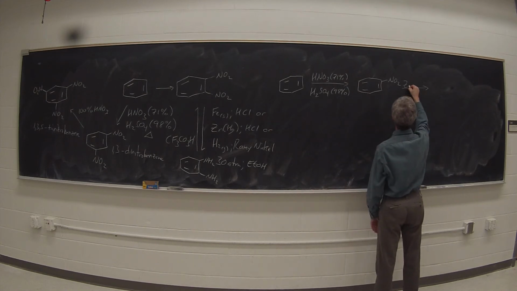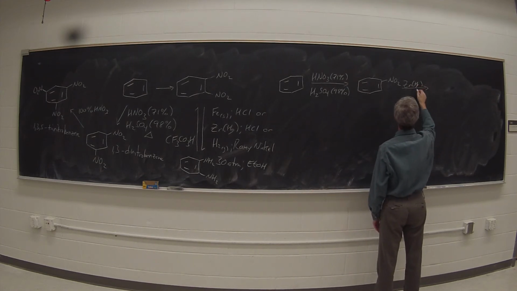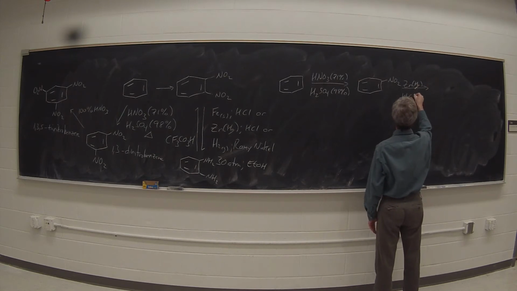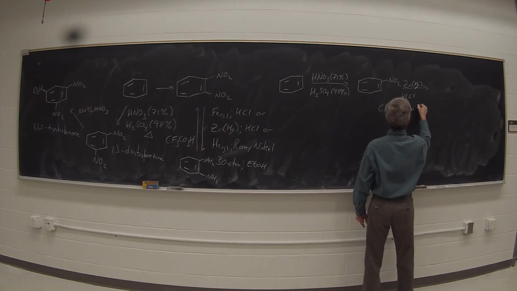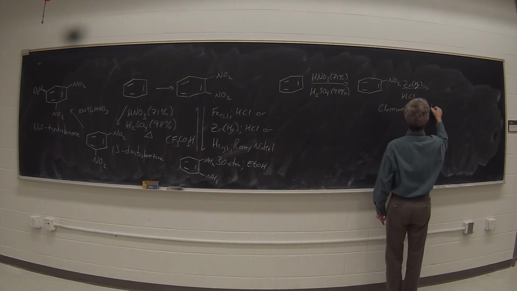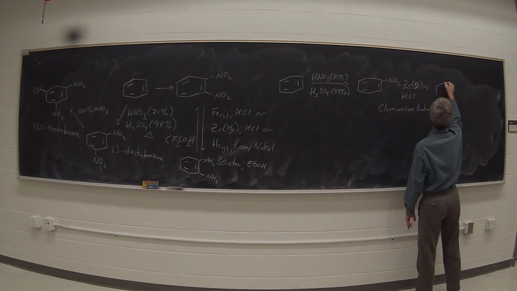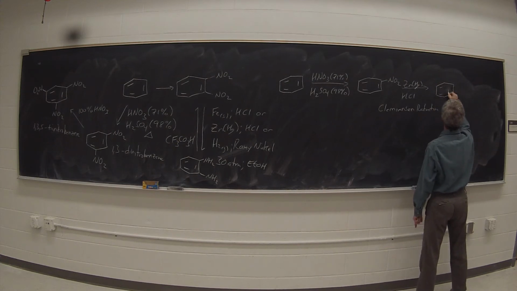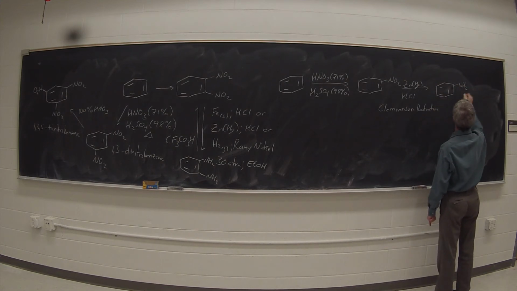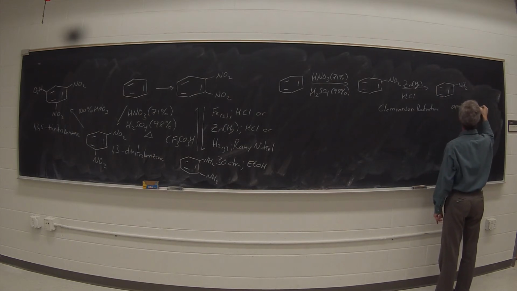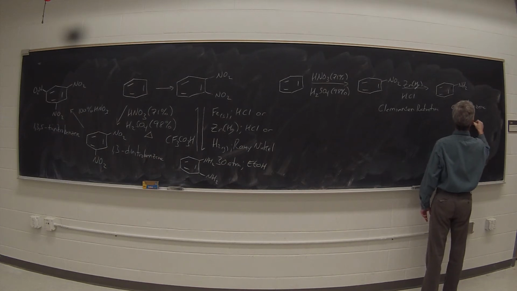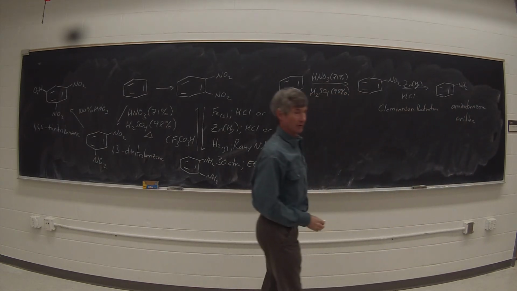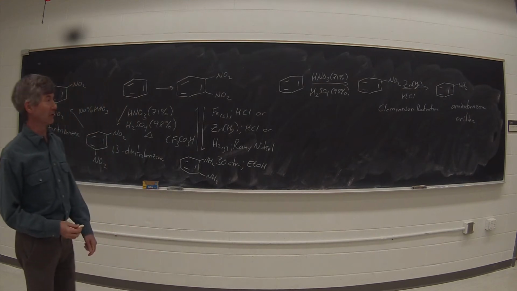Let's use the Clemmensen reduction, zinc amalgam, and HCl. That's the Clemmensen reduction. And that way we can make aminobenzene, which has the common name aniline, and is the parent of a large number of different dyes called aniline dyes.